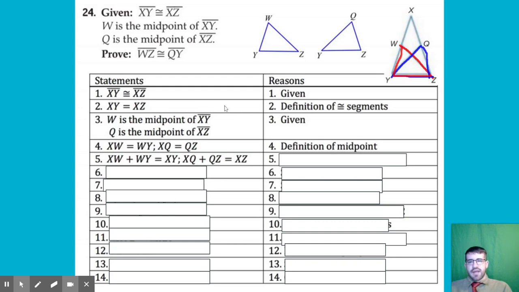Because we're writing an equation, we have XW plus WY equals XY, and XQ plus QZ equals XZ. And that's the segment addition postulate. Now we're working with the first side of each of these triangles.